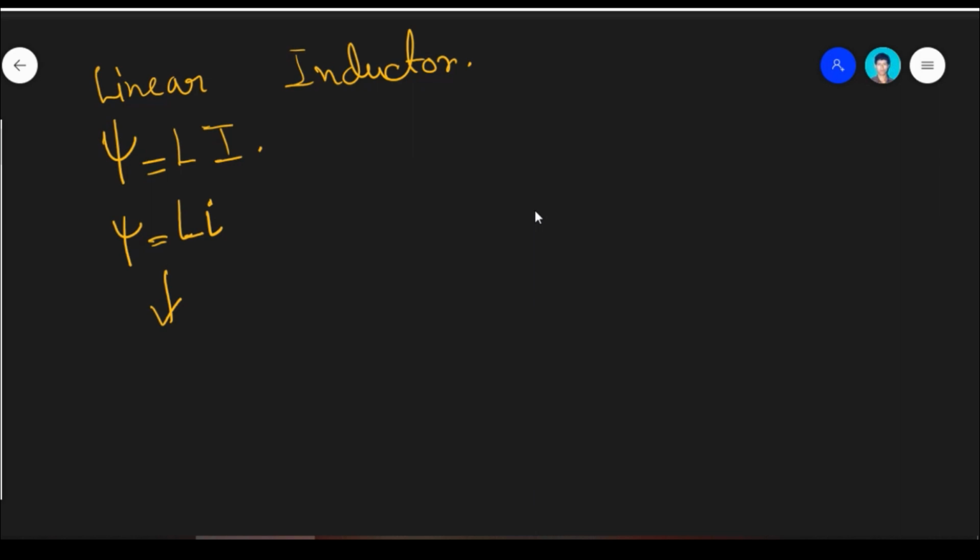So, what could be an example of a linear inductor? Suppose you take an air core coil.